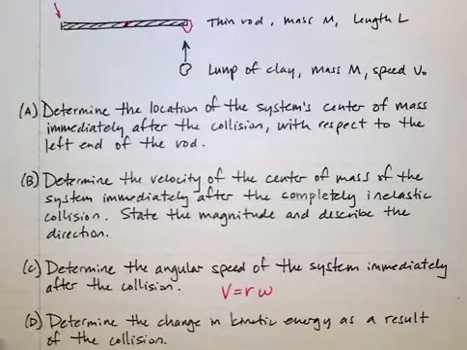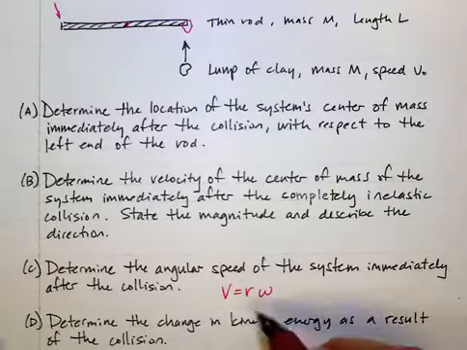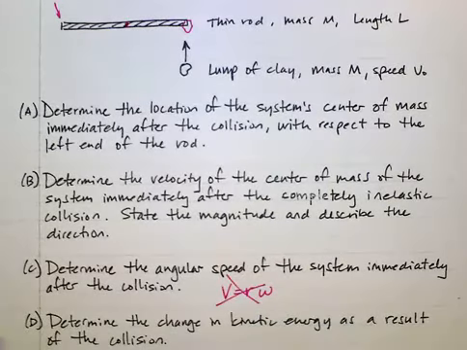The issue is that we know the v for the center of mass, so all we could use that to determine would be the omega of the center of mass, but that doesn't make any sense. The center of mass is not rotating. So this formula is not going to help us just quickly convert between omega and v. What we'll need to do here is to use the conservation of angular momentum.